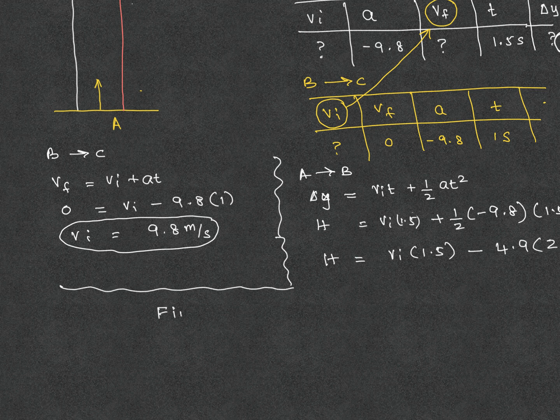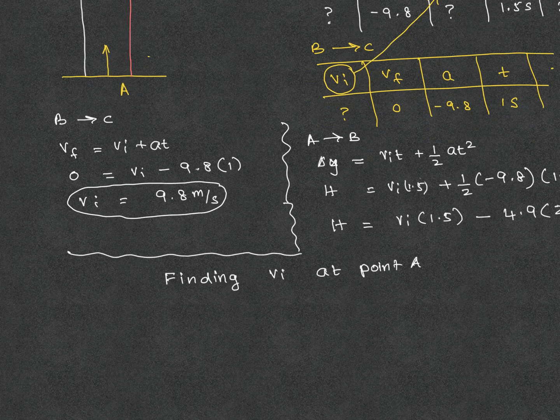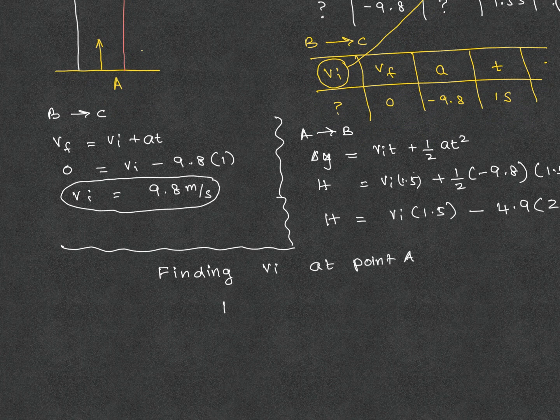Finding V_i at point A. You get V initial equals V final plus aT. I think it is V final here.